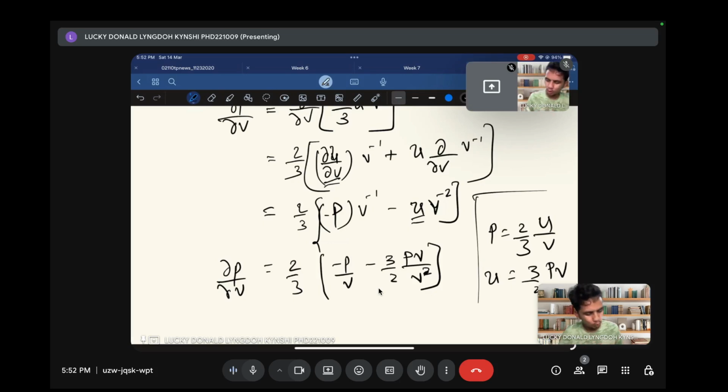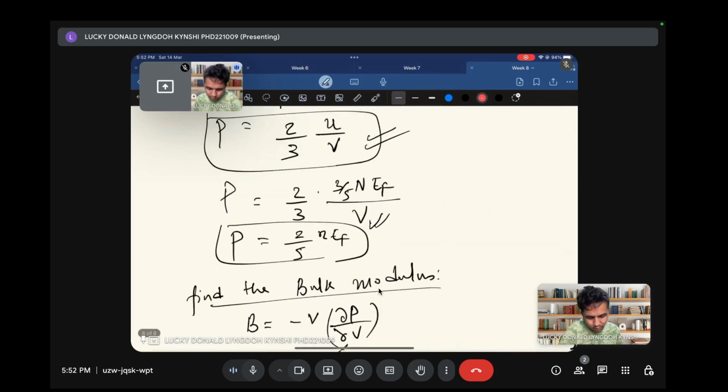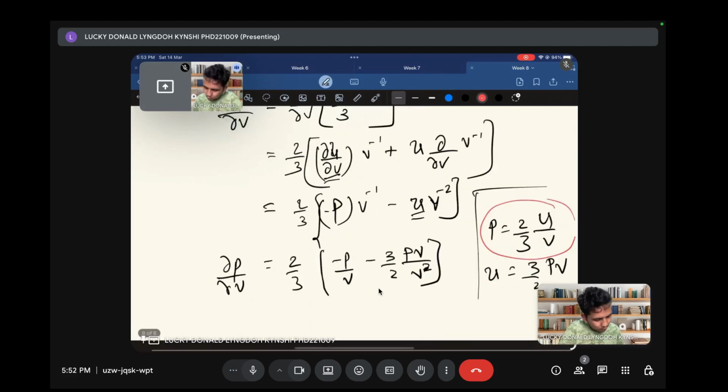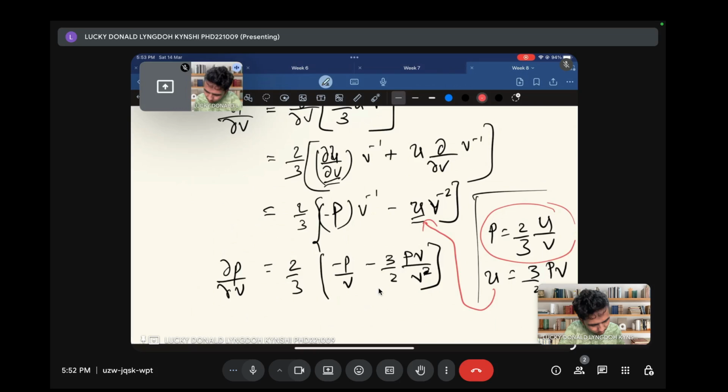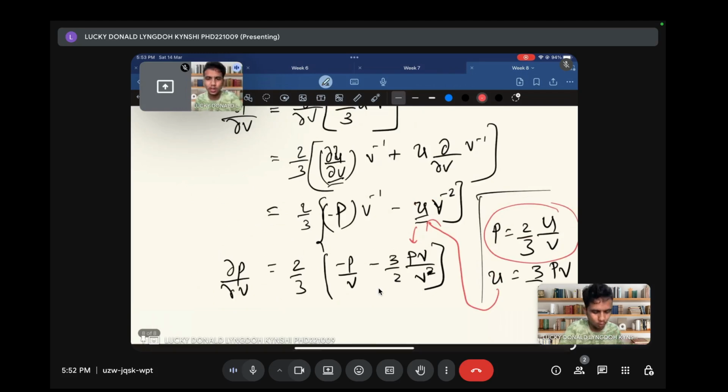How do I get this? I use the relation P is equal to 2 by 3 U by V that we already have here, substitute back, and you get this. The idea here is to express everything in terms of pressure and volume. You can replace your internal energy in terms of P and V. Nothing complicated.